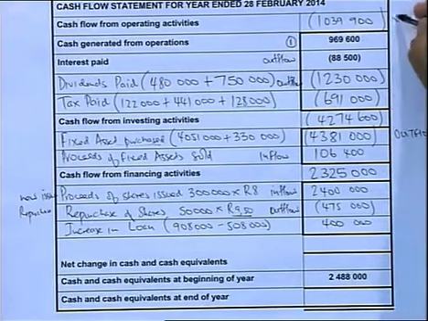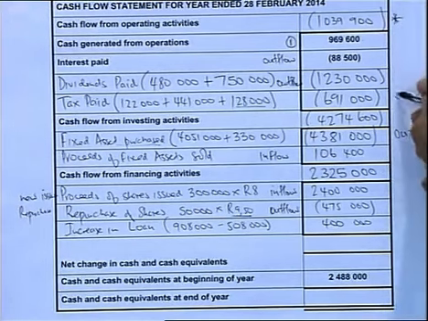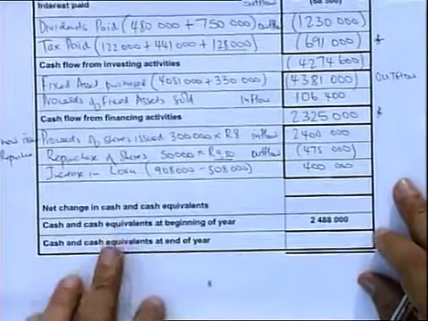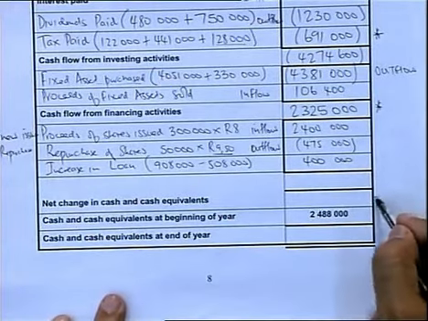Then learners, what we have to do is take the answers of all the respective blocks and add them together, and it should give us the net change in cash and cash equivalents, this line over here. Okay.